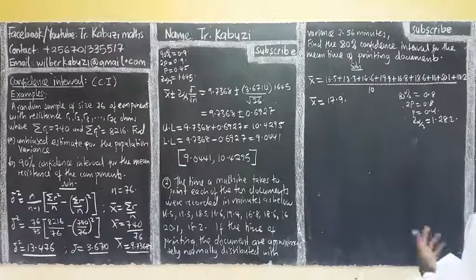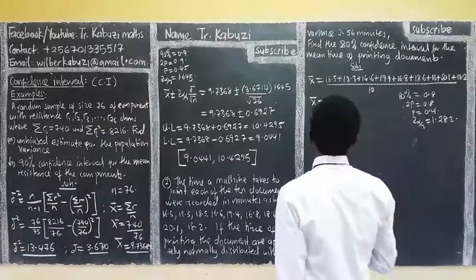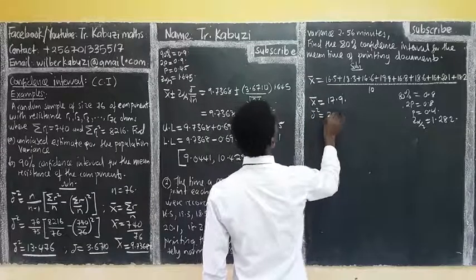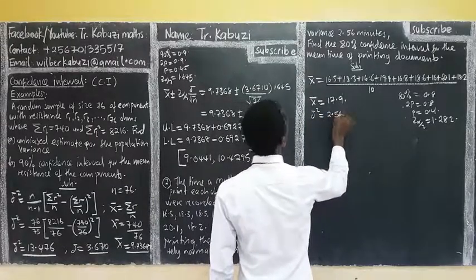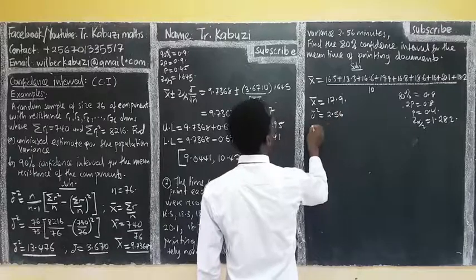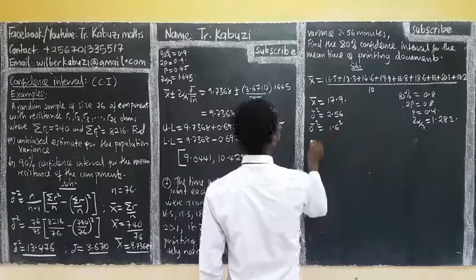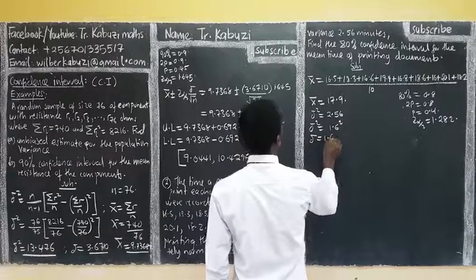After getting that, we need our standard deviation. They gave us that our variance is 2.56, and you know that this is the same as 1.6 squared. So our sigma is 1.6.